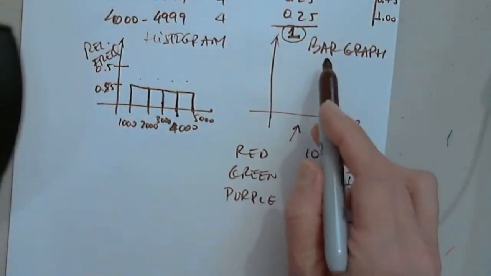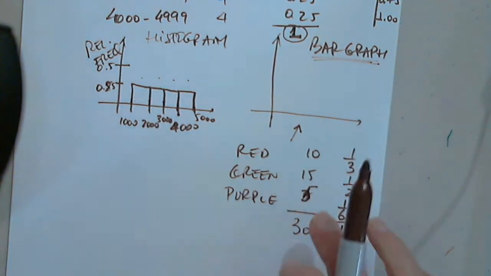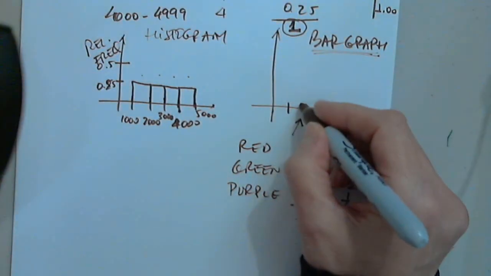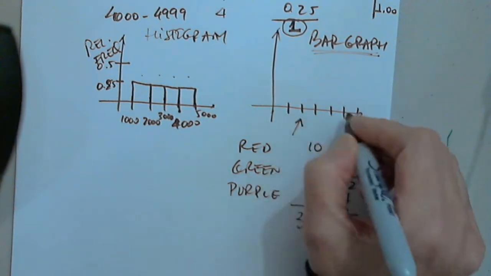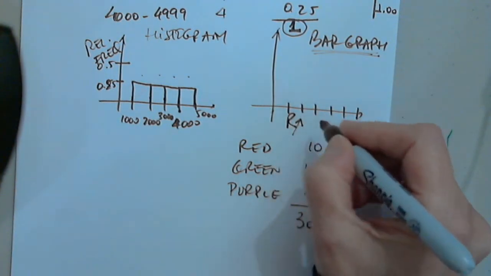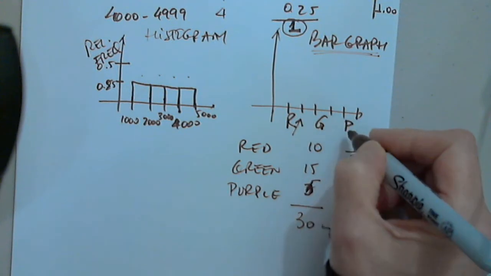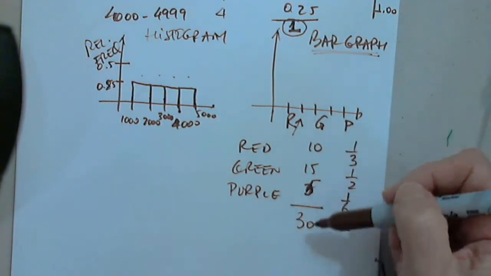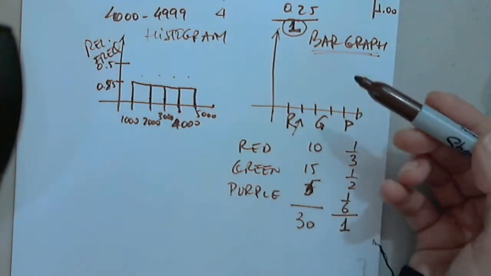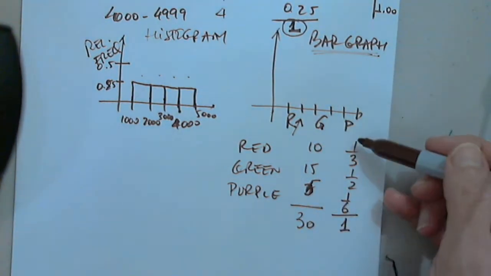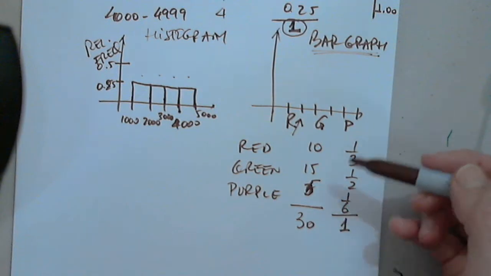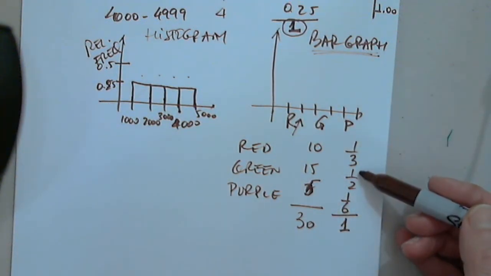So now, if I am asked to graph the bar graph, let me refresh your memory. These bars are equal in width, but they cannot touch. So this is for red, this is for green, and this is for purple. So now if I'm asked for a frequency bar graph, then I will use the numbers. If I'm asked to present a relative frequency bar graph, then I will use the percentages.